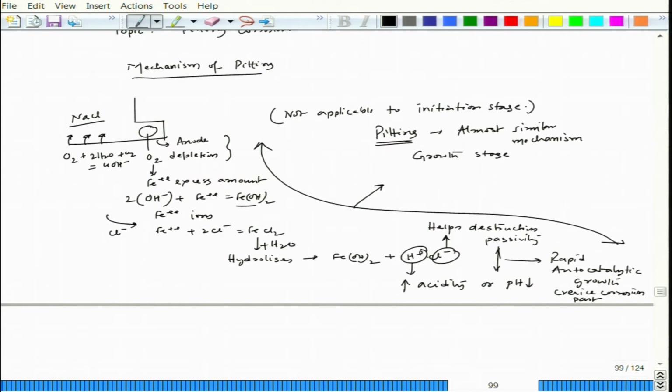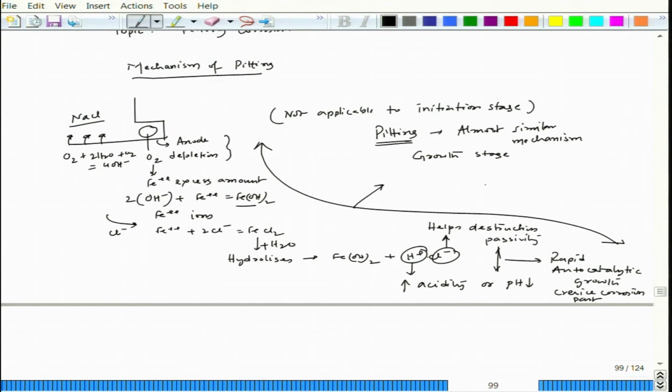Now, why do we say initiation stage? Because for crevice we know that we have a design part of that particular crevice. That means the crevice section is wide enough to allow electrolyte ingress and narrow enough to maintain stagnant condition. In case of pitting, it can happen even without having a crevice.